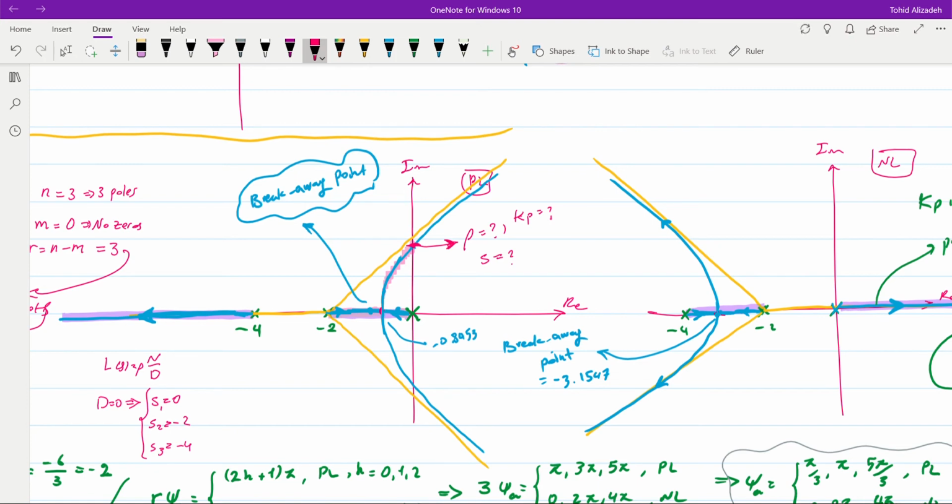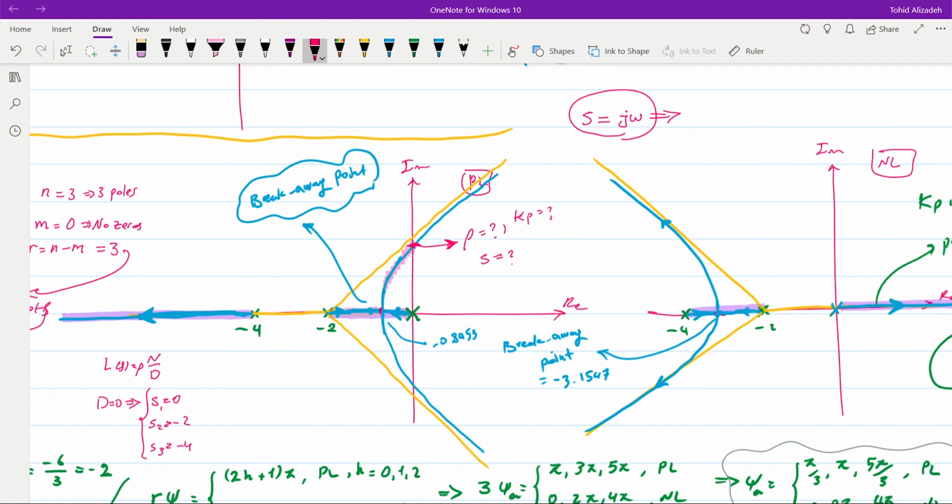One way to find out that value is to assume that S will have let's say a pure imaginary value. S will be equal to j omega, and then we plug the value of j omega into our system, and after that in our equation we set the real part and imaginary part being equal to 0.